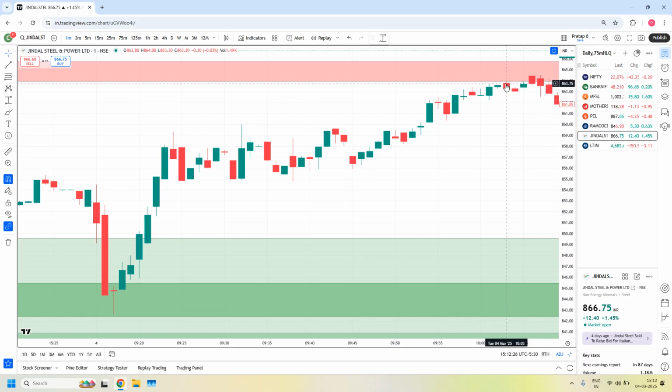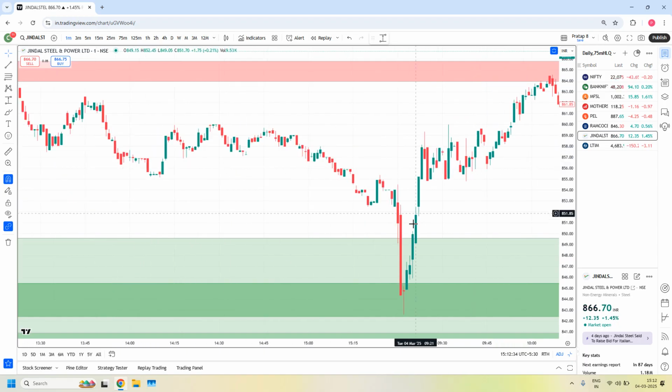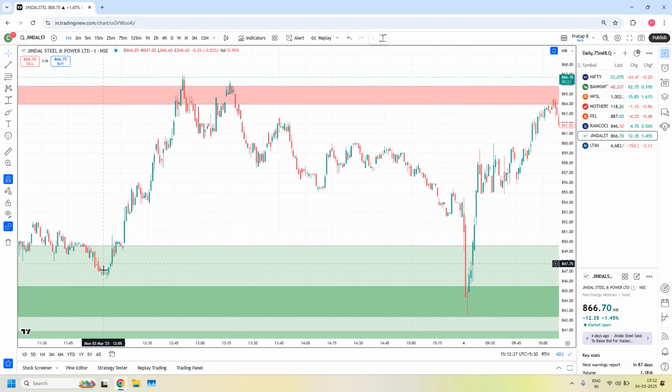How much profit would you have got? Similar kind of profit you got yesterday for JSW Steel, or a little extra money you would have got, because yesterday you took the trade here, today a little below.